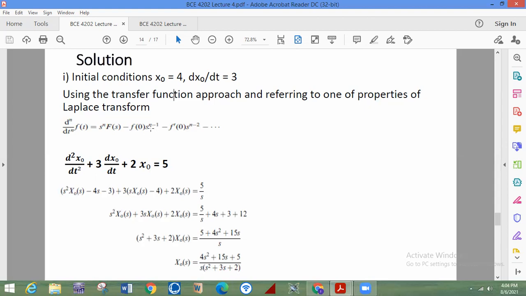So it will be n minus 1, which will be 1 minus 1, which becomes 0. Then it becomes s to the power 0. Any number to the power 0 becomes 1. So that's why we shall remain with a 4.